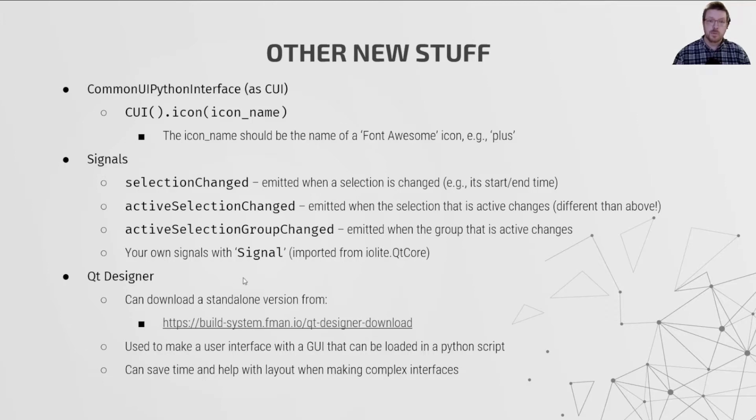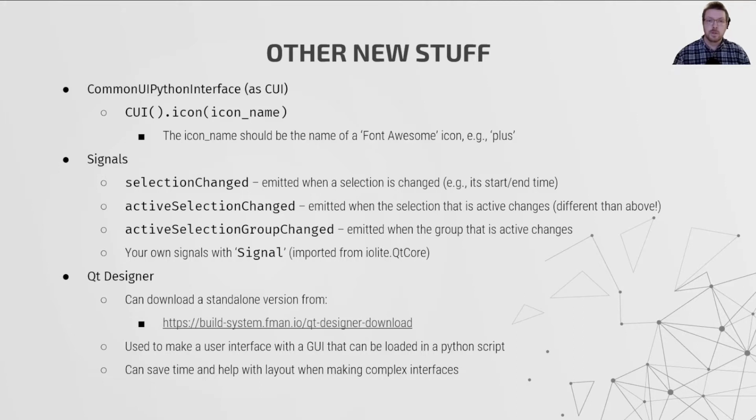For one of the examples today, we're going to use something called Qt Designer. So this is a way to create a user interface with the buttons and combo boxes and whatnot in an interactive way. So if you would rather build a user interface graphically rather than programmatically, Qt Designer can be used.